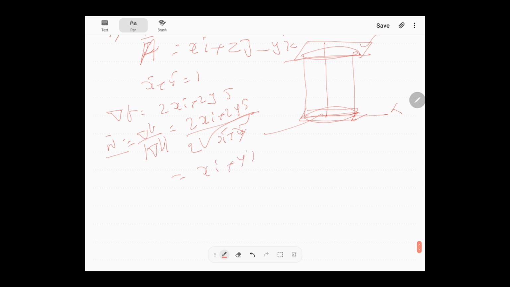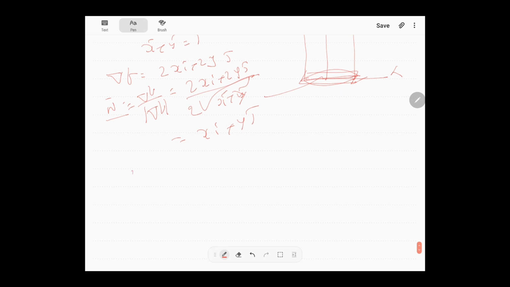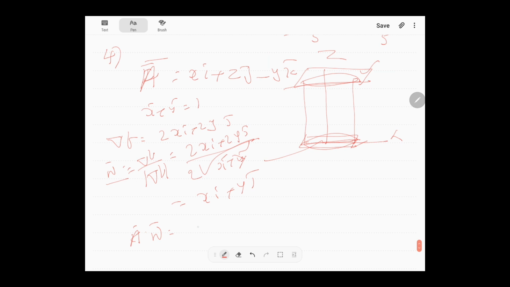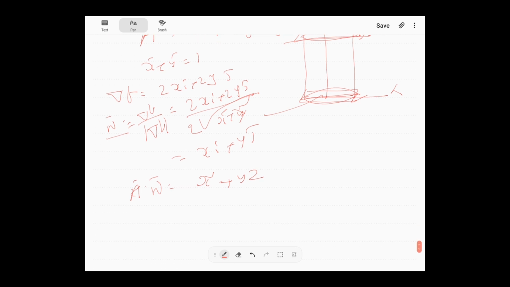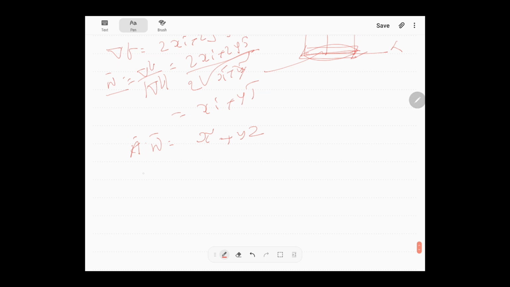Therefore, x i bar plus y j bar is the outward normal vector. What is your A bar dot n bar? A bar dot n bar is x square plus yz. So this is to be evaluated as a double integral over R.